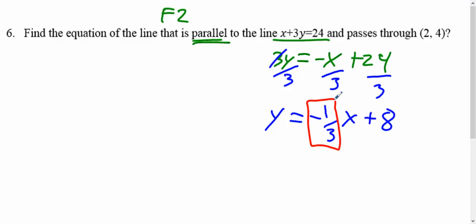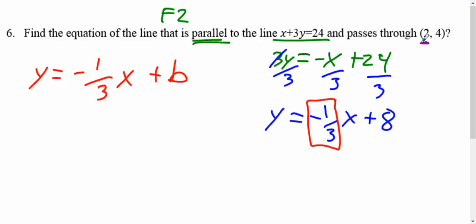The only part that matters is the slope, which is negative 1/3. We want parallel, so we're going to keep that exact same slope. We're going to use that negative 1/3. We just don't know the y-intercept, so we're going to solve for b.